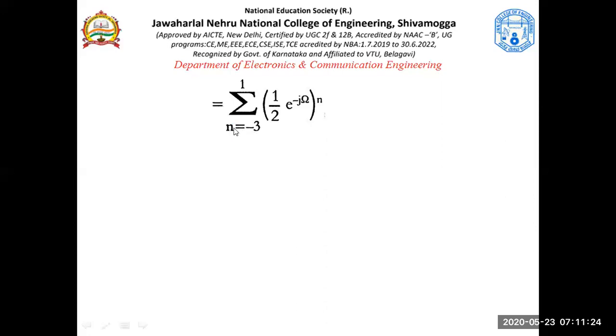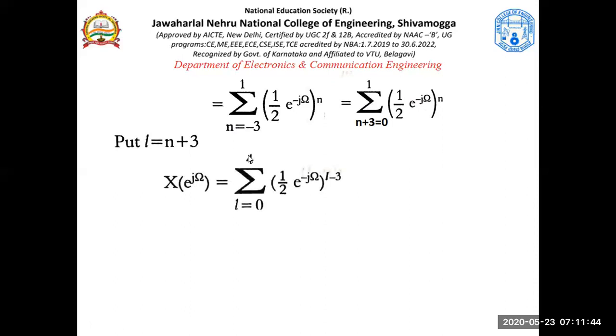So when you add plus 3 here, you have to add plus 3 here also. So here it is 0, n plus 3 is equal to 0. This should have been 1 plus 3. See, it has become 4 here.